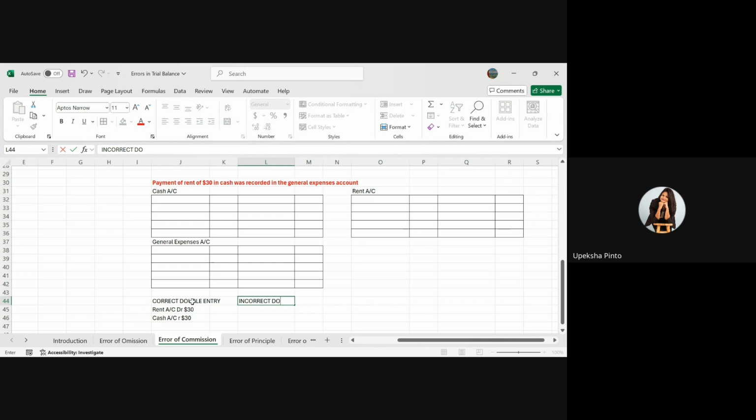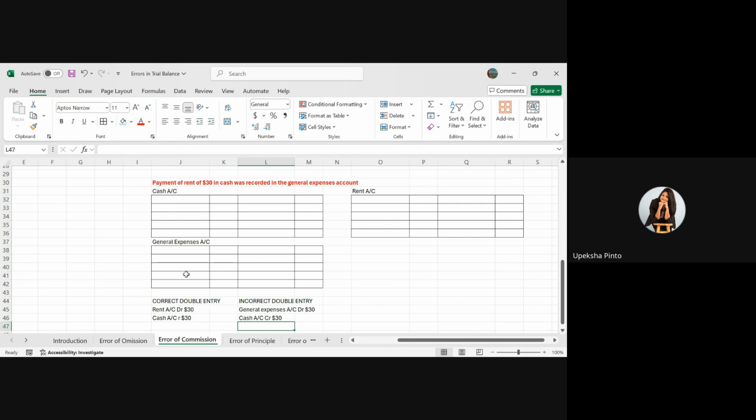The incorrect double entry is: instead of rent, I have debited the general expenses account. I have done a mistake by debiting the general expense account by $30. Then I have credited the cash account by 30. So the cash account is all good now, guys. The cash account is to be credited, so I have done it correctly. The only problem is with the general expense account because I must put it on the rent, but I have put it incorrectly as general expense.